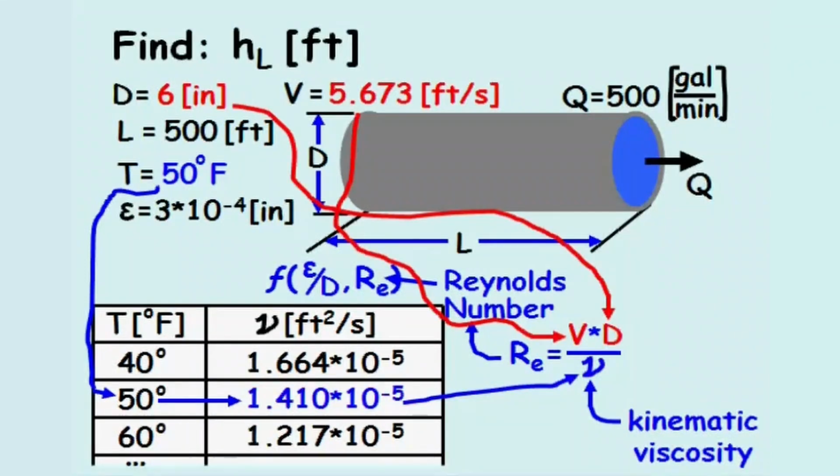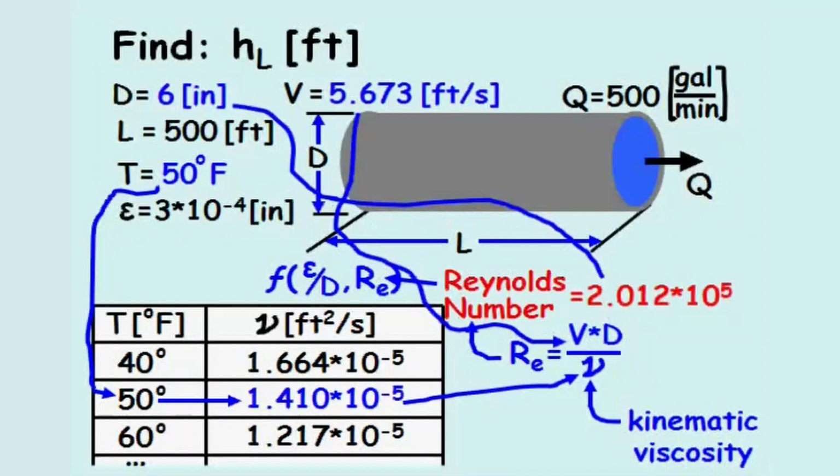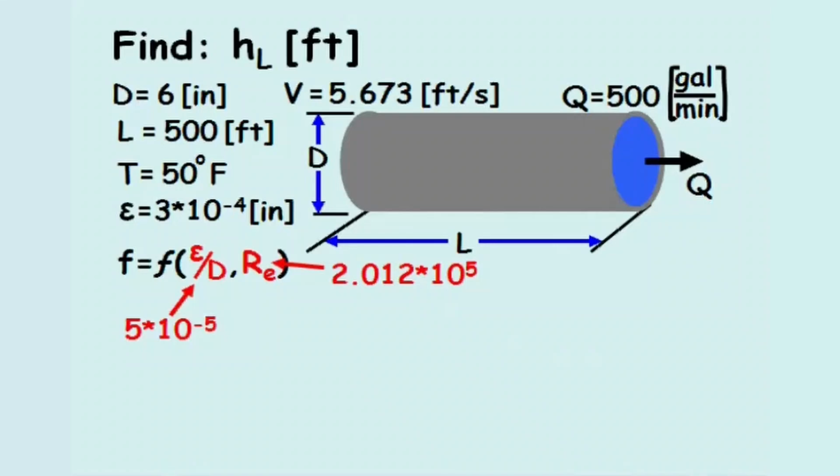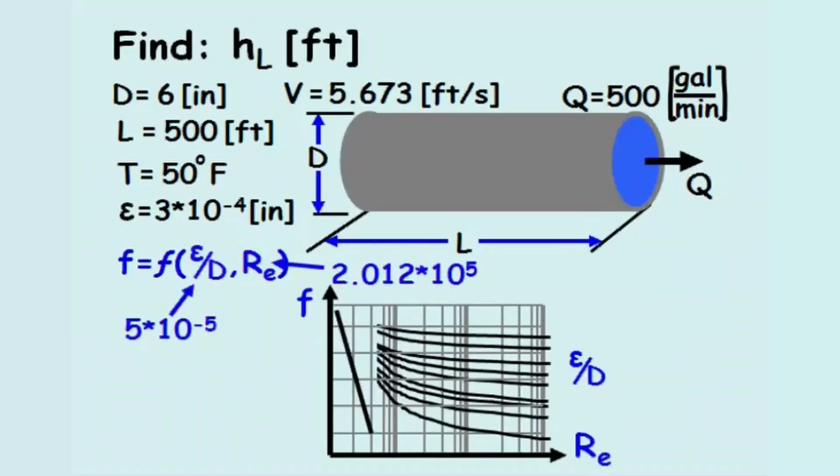After the velocity and diameter are plugged in, the Reynolds number equals 2.012 times 10 to the 5th. With the relative roughness and the Reynolds number, we'll last return to the Moody diagram and determine the friction factor.